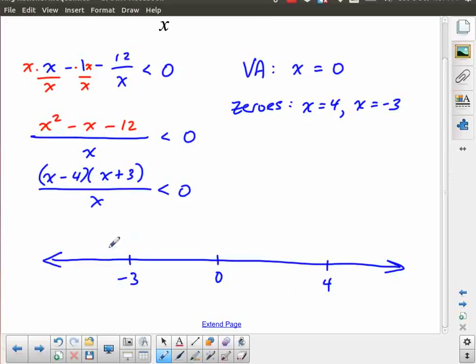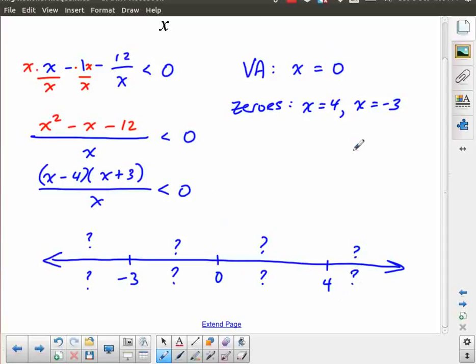What we're trying to figure out is, based on these three different dividing points, so we've got a vertical asymptote at x equals 0, and we've got zeros here and here. So what we're trying to do is figure out, am I on this side or this side, positive or negative, positive or negative, positive or negative.